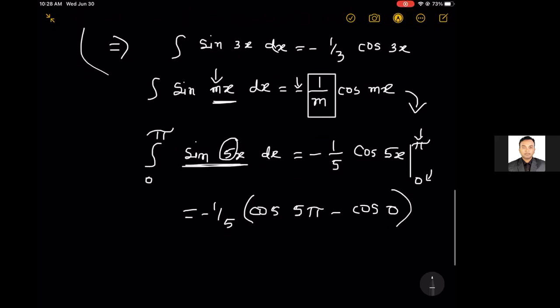Okay, now we just need to know the values of these cosine functions, and that's it. What's cosine 5 pi? Anyone? You can use your calculator, you can use the unit circle, however you want to find it. It should be fine. Okay.